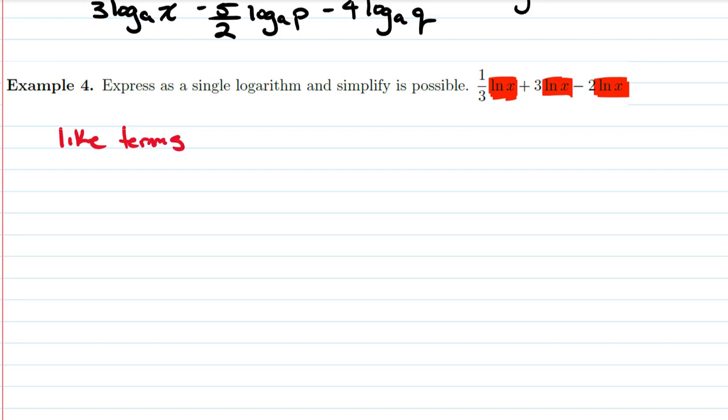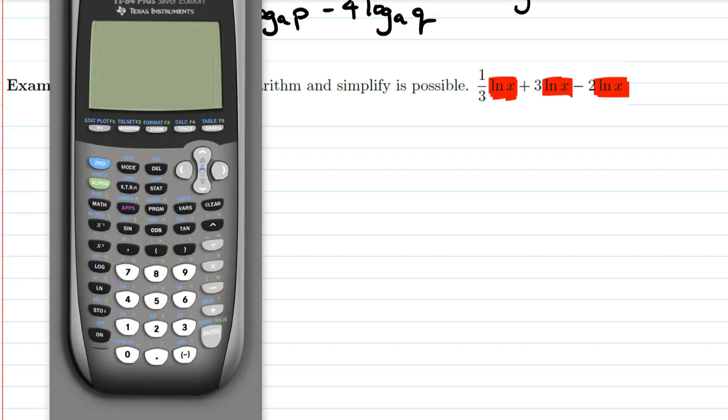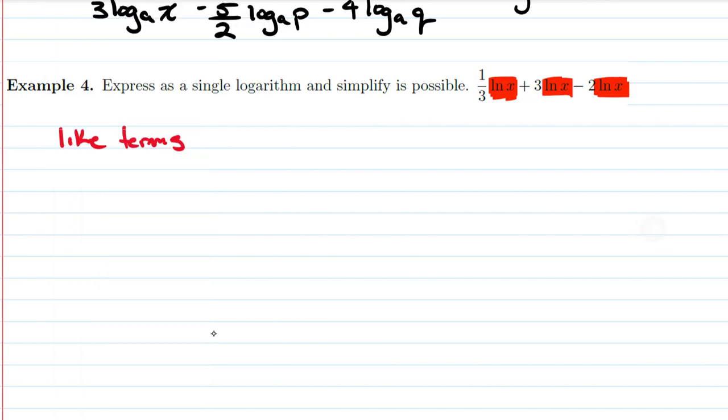So then that's 1/3 plus 3 take away 2. So one over 3 plus 3 take away 2 gives me 4/3.